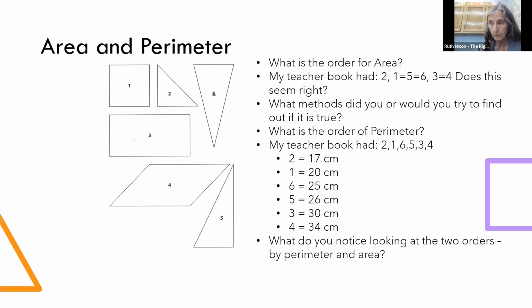The 1x12, that's a 13 and 13, so that's 26. The 2x6, well, that's an 8 and an 8, that's 16. And the 3x4, that's a 7 and a 7, that's 14. So with having three areas the same, we've got three different perimeters.